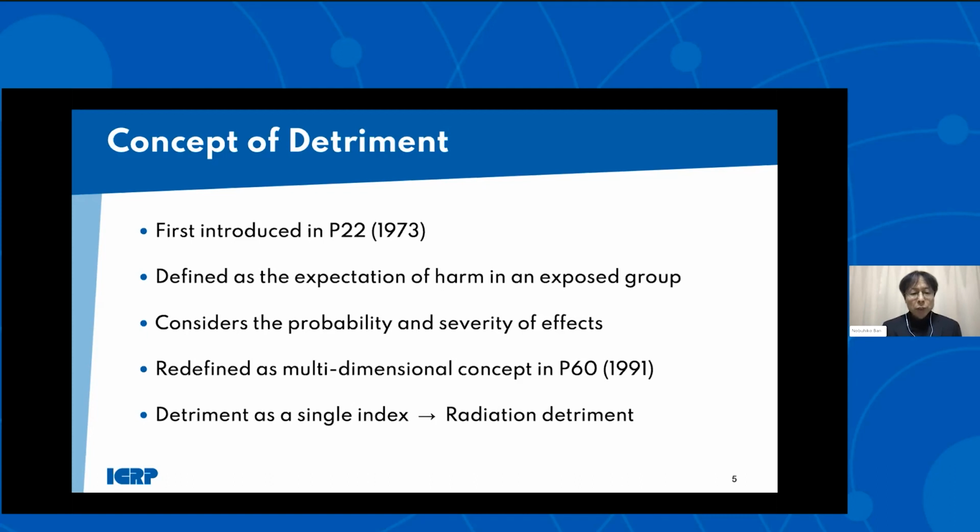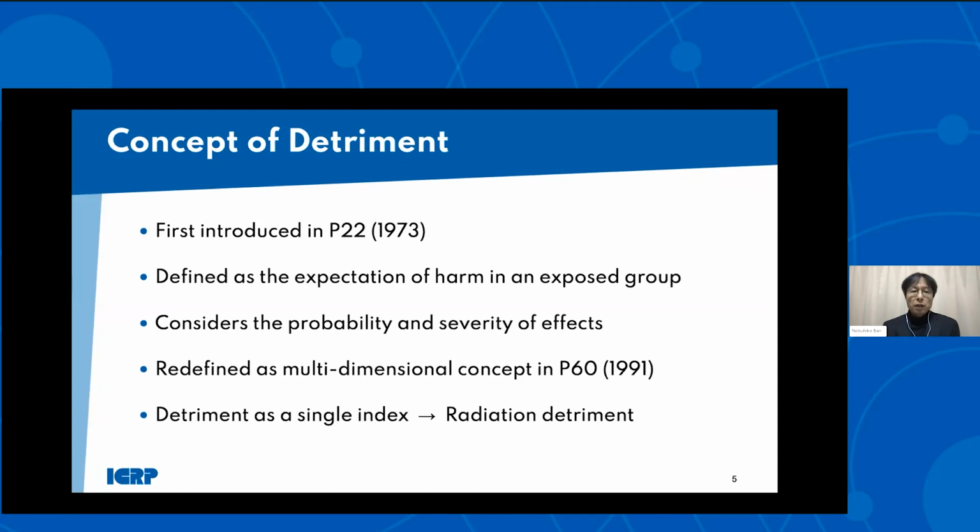Detriment was redefined as a multidimensional concept in Publication 60. It means we can evaluate detriment using several indexes, such as lifetime risk or years of life lost.